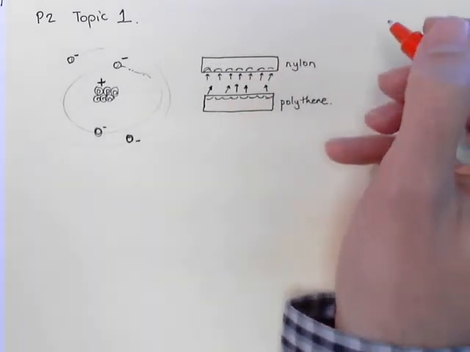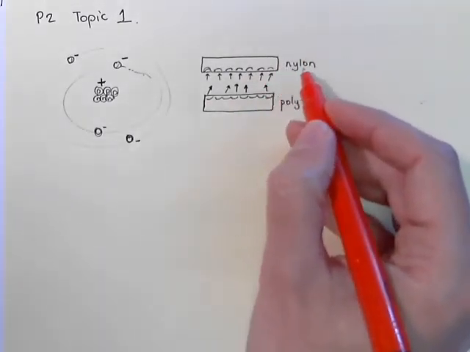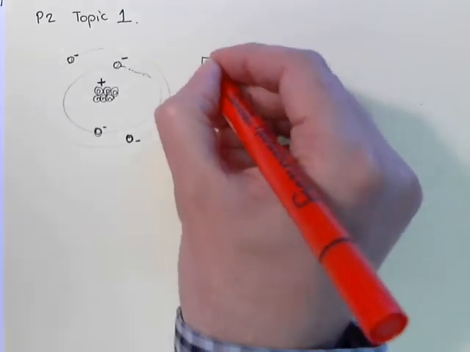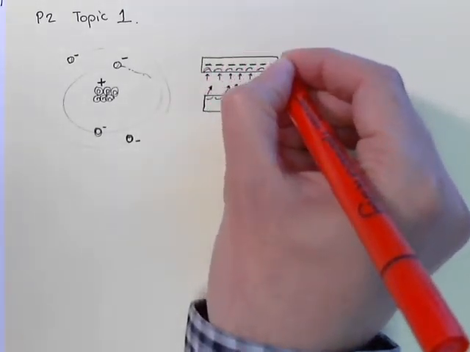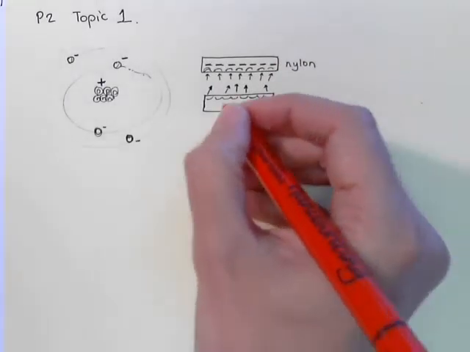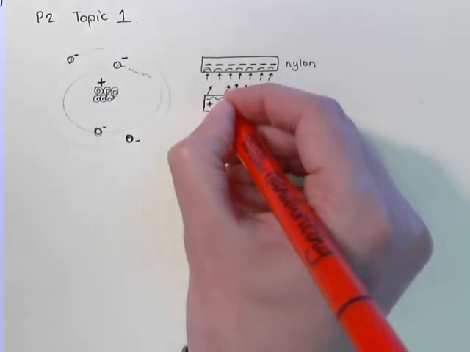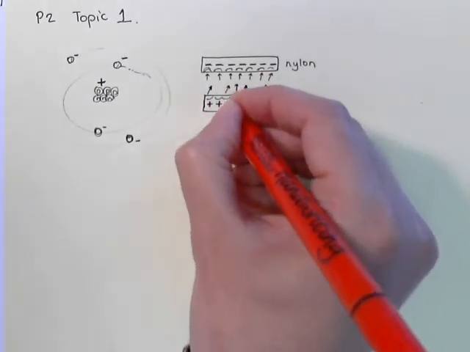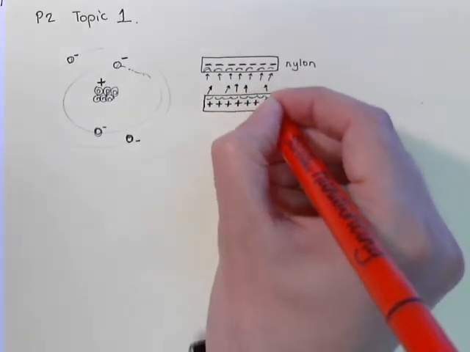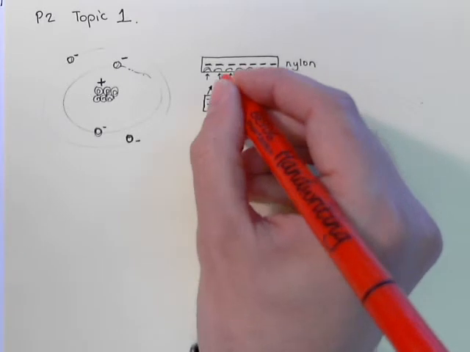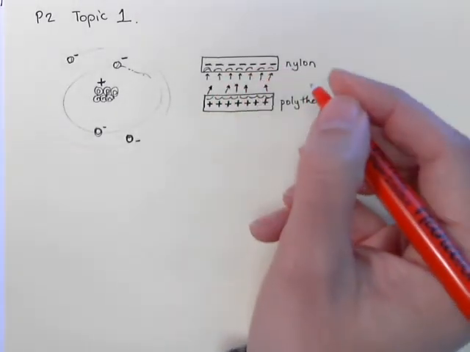Because this nylon has gained electrons, it gains negative charge. And because this polythene has lost electrons, it is left with a positive charge. Notice that the only things that move are negative charges, the electrons.